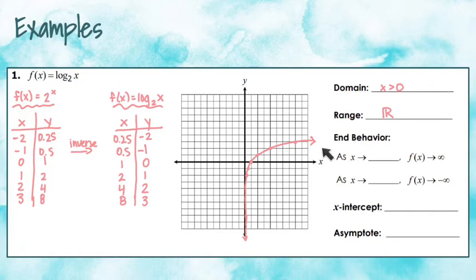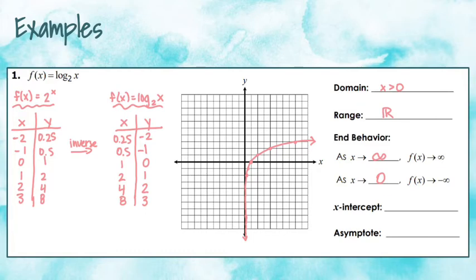In this case, it is going to the right, and that represents positive infinity when we talk about that x direction. Now, as f of x goes toward negative infinity, so as our function goes down, it's not going to the right, it's kind of going to the left, but it's never going to cross the y-axis. So it's really getting close to 0.